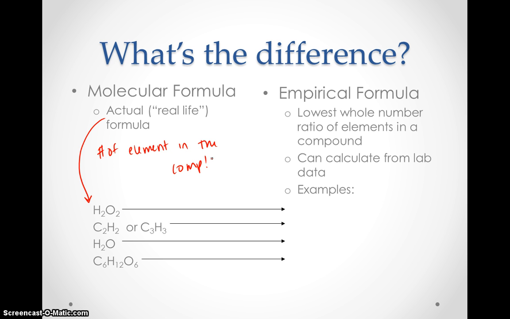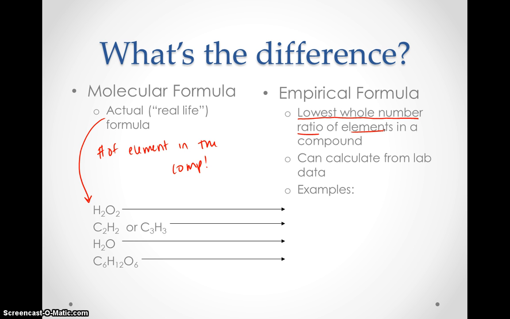If we compare that to an empirical formula, it is going to be the lowest whole number ratio of elements in that compound. So if you want to think of it in terms of math, a molecular formula is your non-reduced version. An empirical formula is going to be your reduced version.